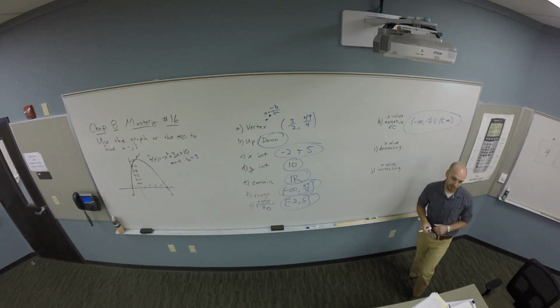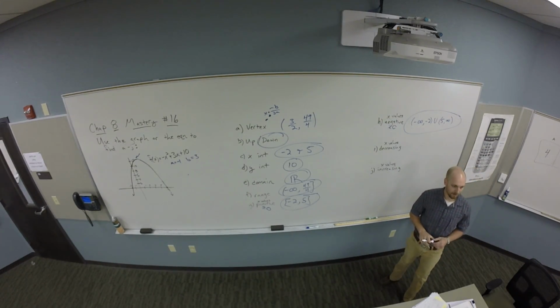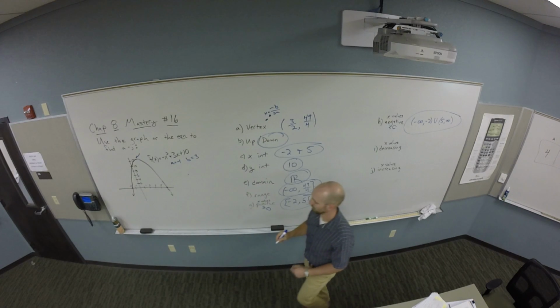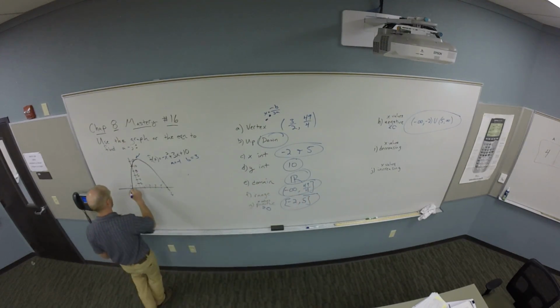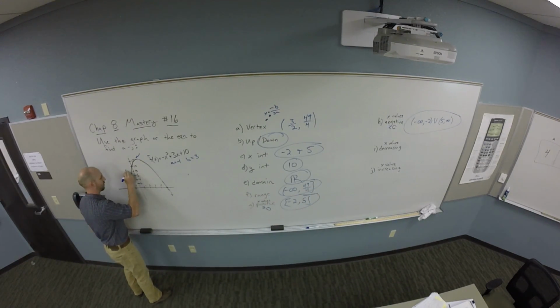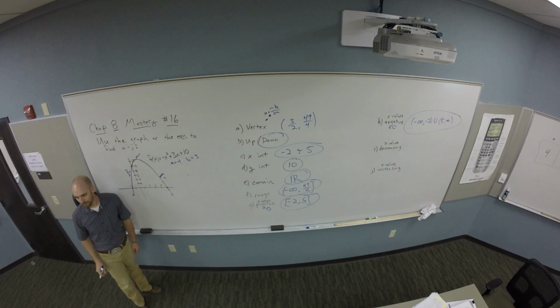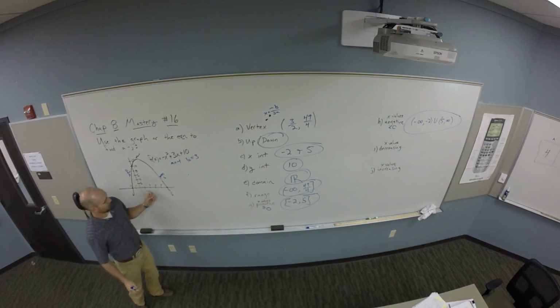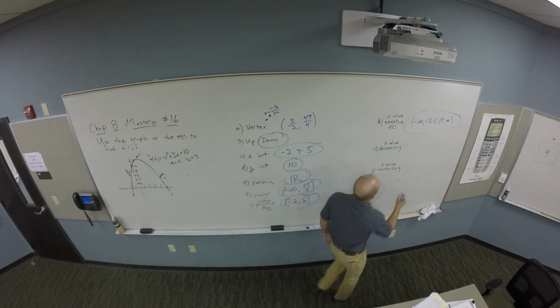So when is this thing decreasing? What does decreasing mean? Remember this guy? Make smaller outputs. So it's going down from 3 halves to infinity.